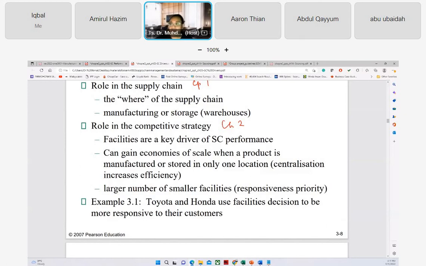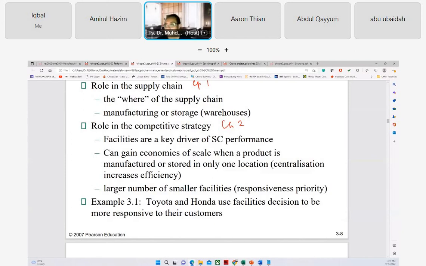You have to play a role in deciding the competitive strategy. Which one are you going to have? A facility in central, or maybe you have a few points of distribution centers.